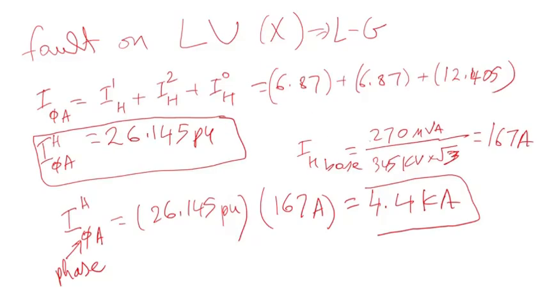I realize since this is 100, sorry about that. That's 100 MVA base. Because if you remember when I started the video, I said all the impedances are on 100 MVA base. So I want to make sure I correct that.